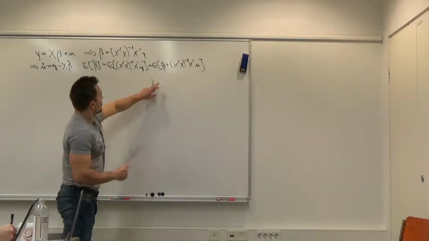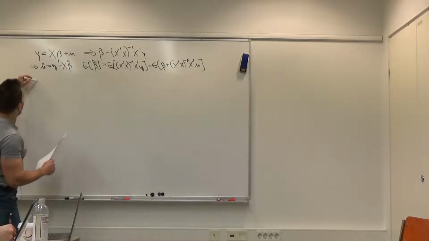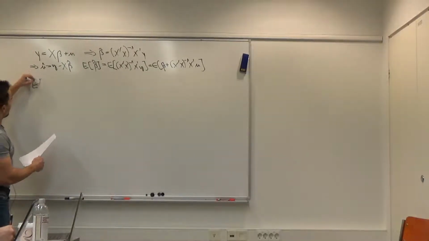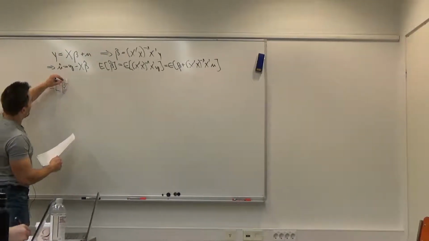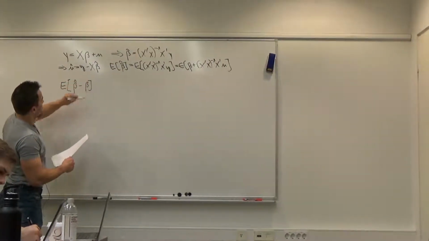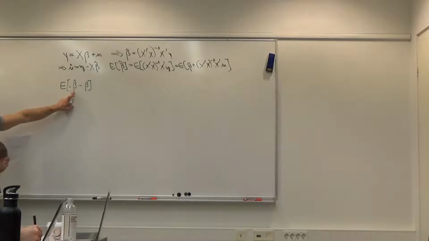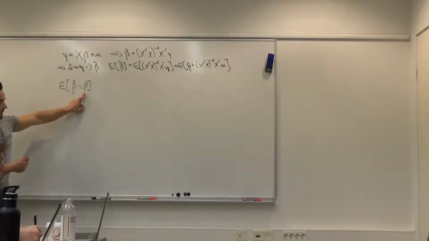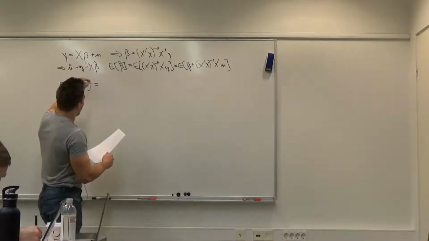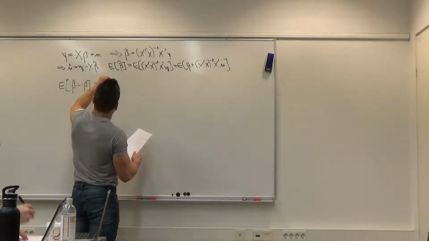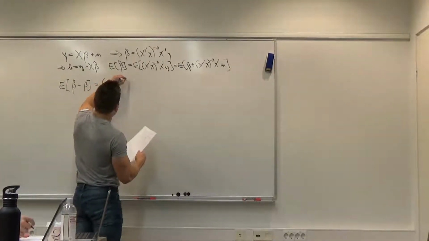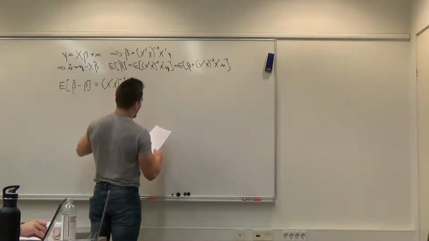So now we can bring across this guy here on the other side, and we can also put it into the expectation operator because it's just a number. So the expectation of our point estimator minus the real parameter, which is beta, is then equal to X transpose X inverted X transpose u.